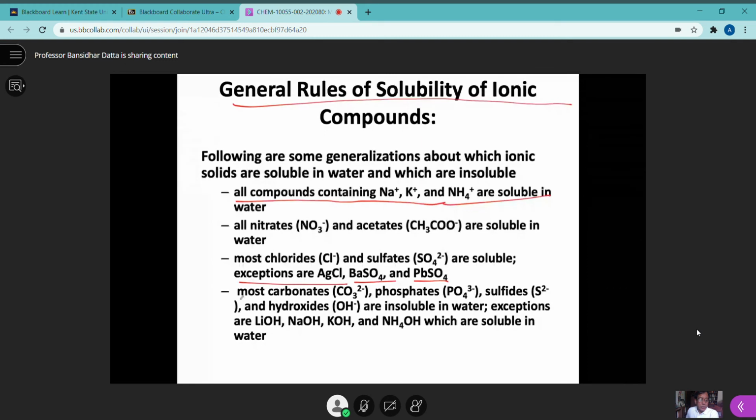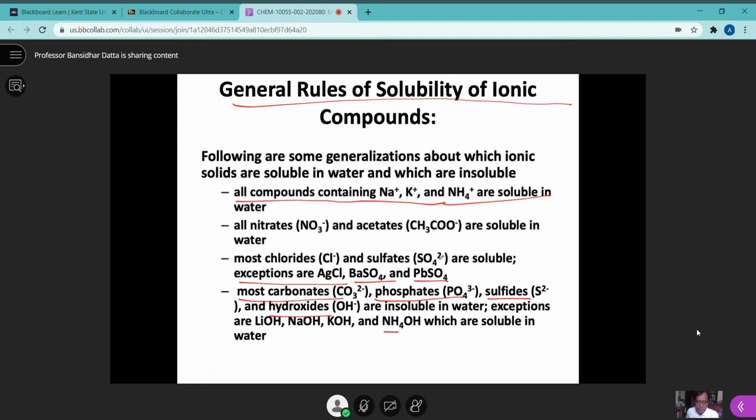Most carbonates, CO3 2 minus, like calcium carbonate, magnesium carbonate, aluminum carbonate, gallium carbonate, most phosphates, sulfides, S2 minus, and hydroxides are insoluble in water. Exception is the group 1 elements: lithium plus, sodium plus, potassium plus, including ammonium.